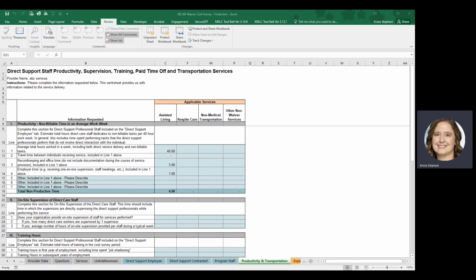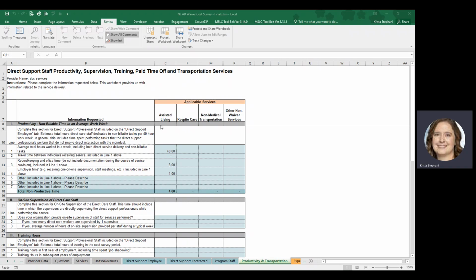The information being requested on this schedule relates to productivity time for your direct support staff, supervision of the direct support staff, training requirements for the direct support staff, paid time off that the staff may incur, and then also provides additional information related to transportation services that are included in the waiver definitions.